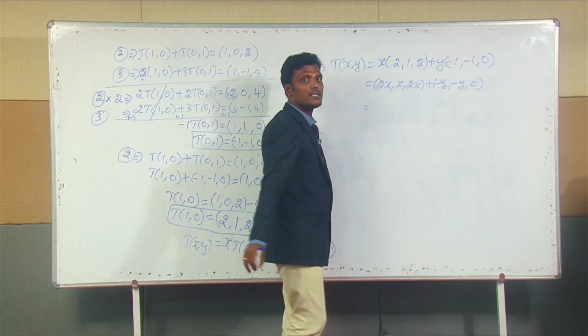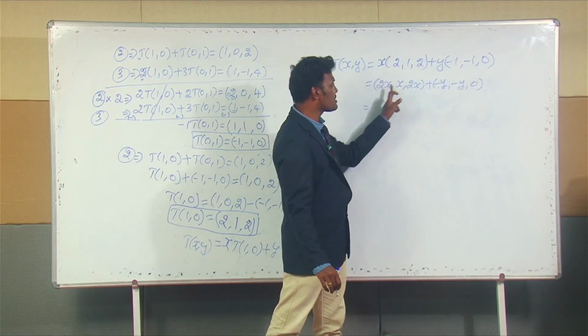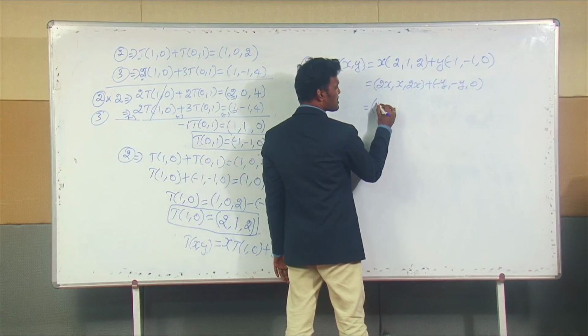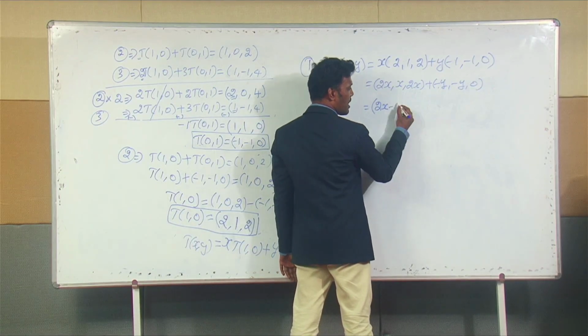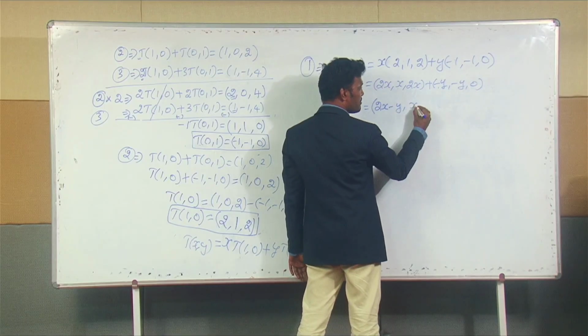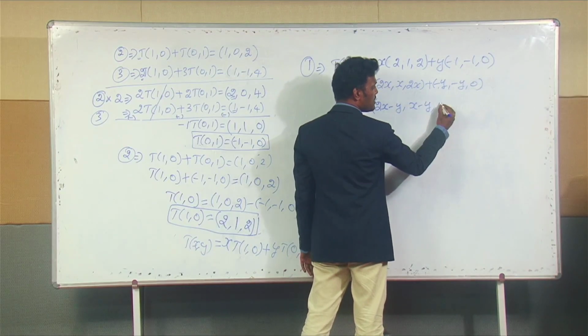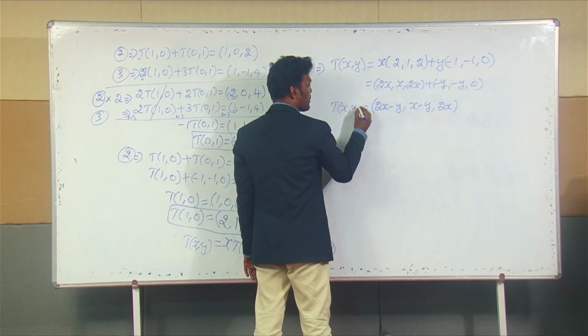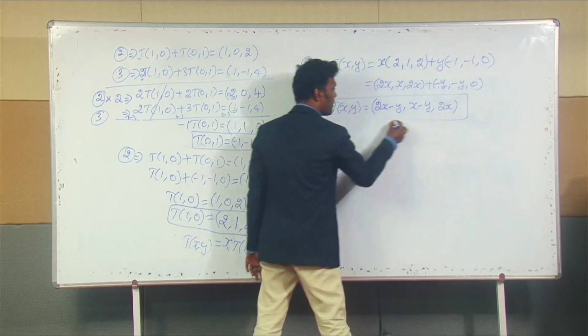So how do we add the triplets? First term, second term, corresponding third term. Just add the first corresponding terms: 2x minus y, then the second terms: x minus y, and the third terms: 2x. So this is the final expression of T of (x, y).